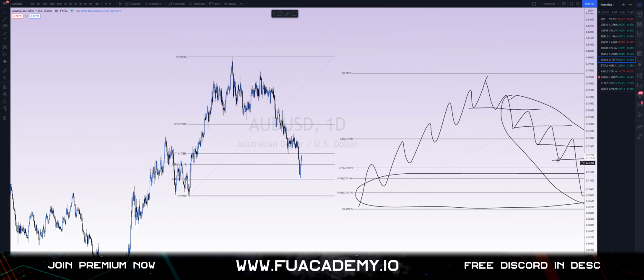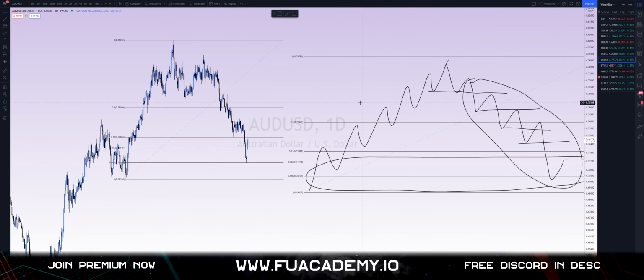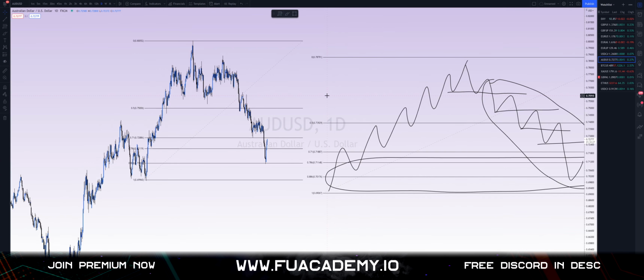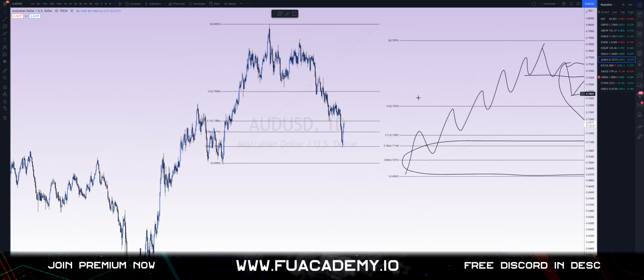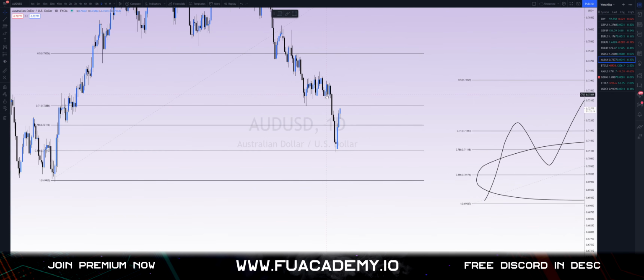Okay, so in lesser words, guys, what we are looking for is simply three things to differentiate between a pullback and a reversal. The first thing is the reaction that you get from this level. Usually once you have bearish market structure like this, and you have very strong aggressive selling, you're usually instantly going to be met with very aggressive buying.